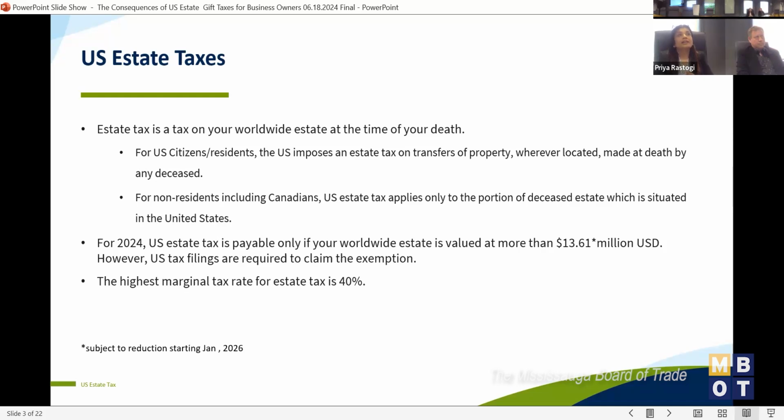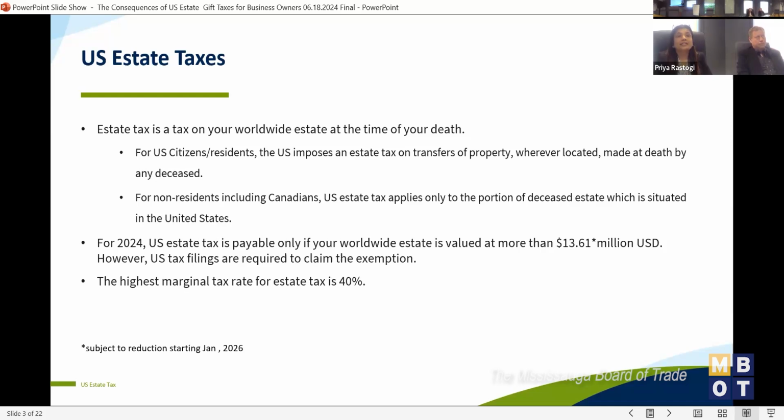So certainly we would have to do some planning in the next year or so so that your exposure to US estate tax is minimal. Also, in order to claim this 13.61 million exemption, you are required to file a US tax return. Otherwise, this exemption will not be applicable to you.